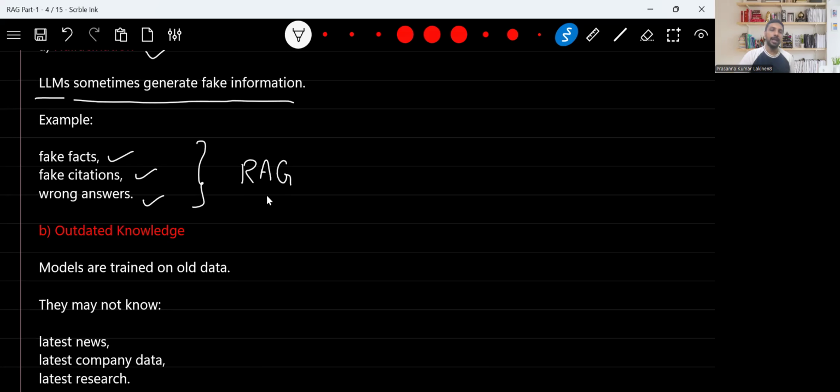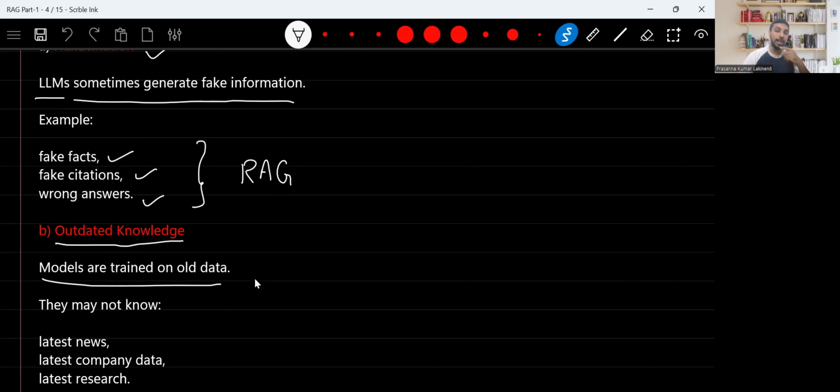Next, outdated knowledge. Models are trained on old data. Every day we cannot train the model because it is very costly. You cannot train billions of parameters every day. So every 4 months or every 6 months, once in a year, we will train the models.